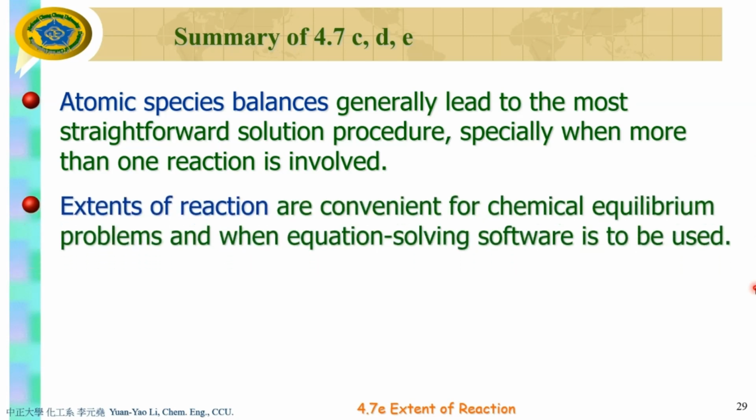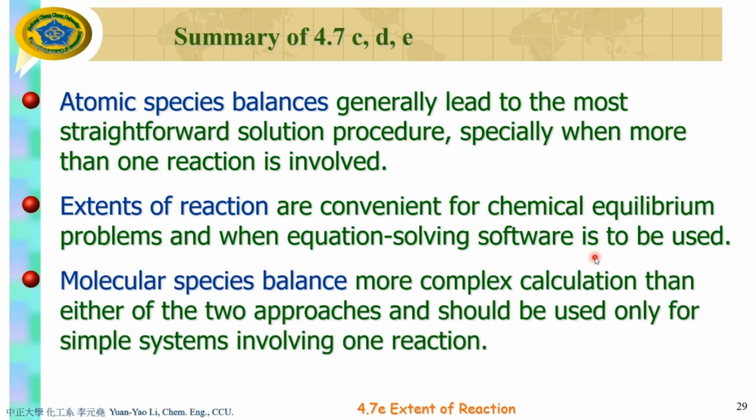So extent of reaction is convenient for chemical equilibrium problems, and when equation solving software is to be used. Equation solving software is what you need for the computation. The molecular species balance involves more complex calculations than either of these two approaches, and it should be used only for simple systems involving one reaction. Okay, so normally atomic species balance is the first choice.